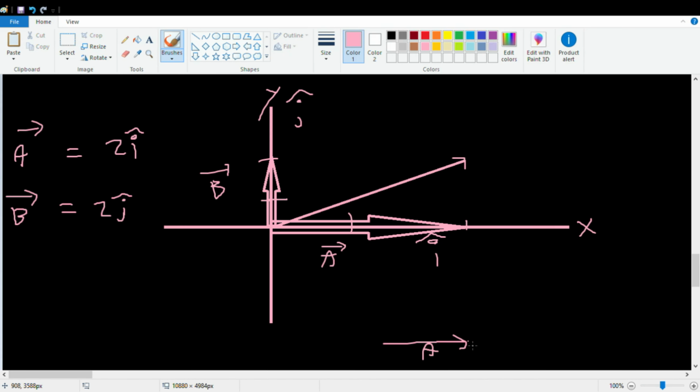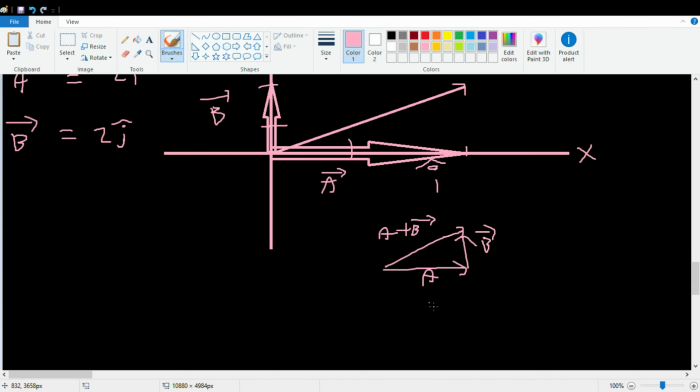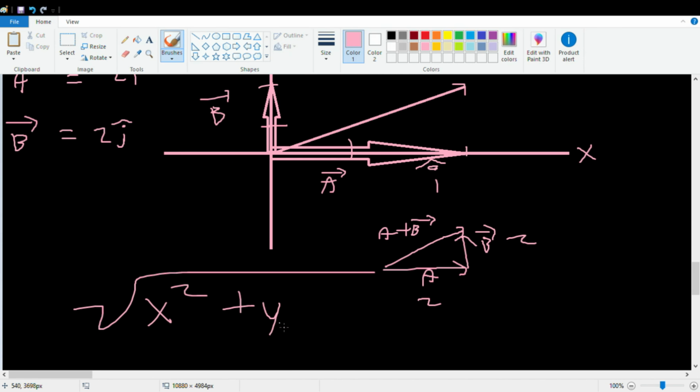A, B, A plus B, and you're given the magnitude of this and this. To find this, you use the Pythagorean theorem, x squared plus y squared. So, let's find it.